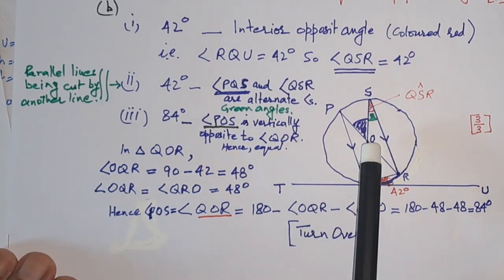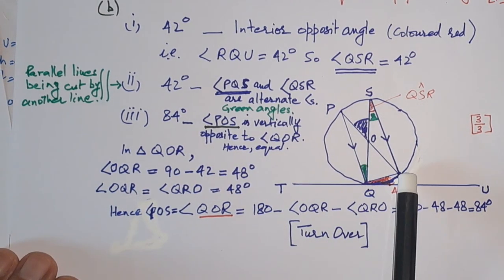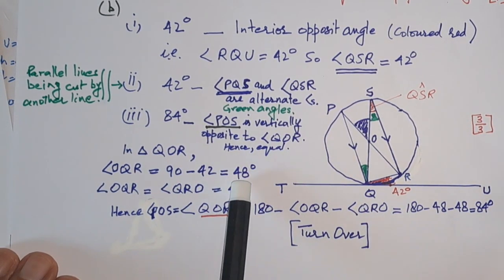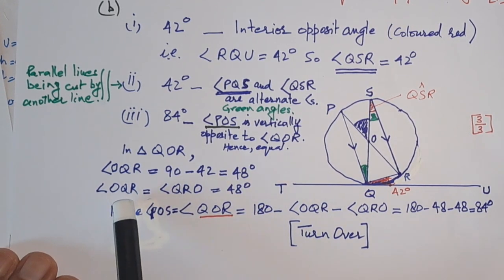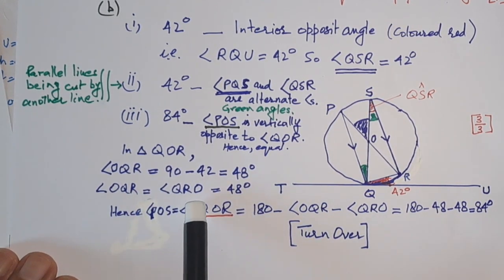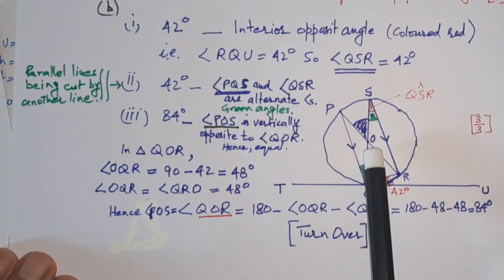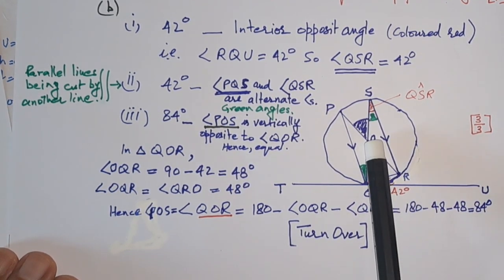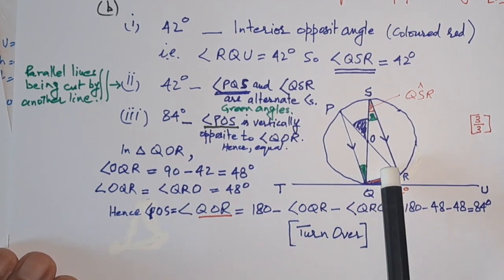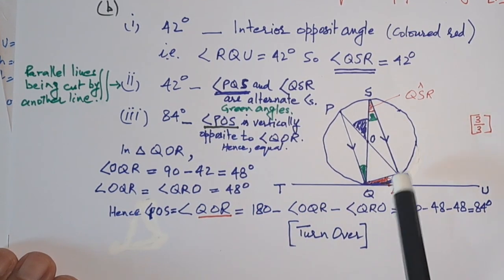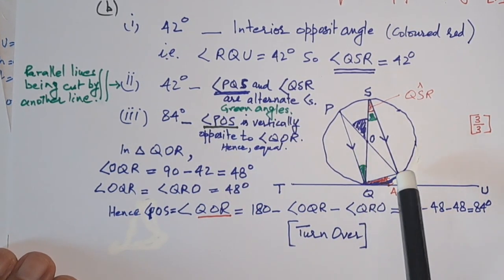So we have worked out angle OQR as 48 degrees, and angle OQR is equal to angle QRO, that is also 48 degrees. This angle and this angle are 48 degrees. So we can work out angle QOR.